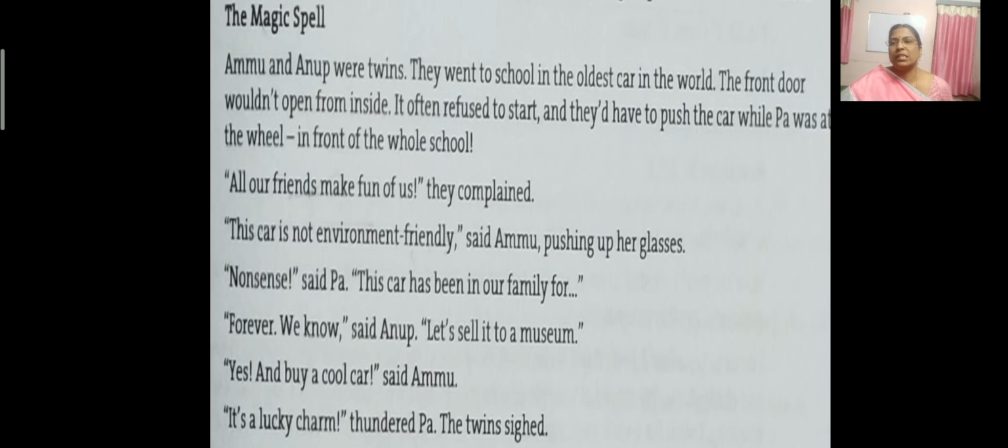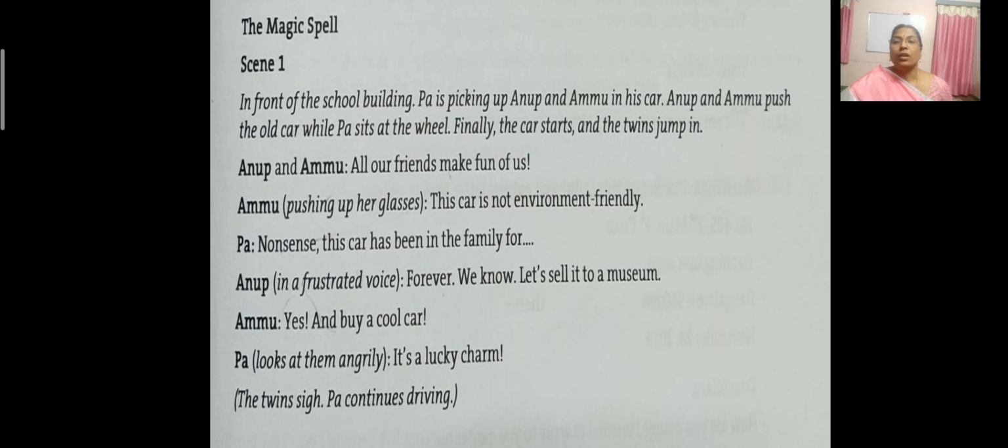Now we'll go to the next slide, children. See here. The Magic Spell, Scene 1. Scene 1, in front of the school building. So where it is taking place is given first, and later, in the characters' dialogues, it is nowhere given. Then next you can see Anup and Amu. What is their dialogue?